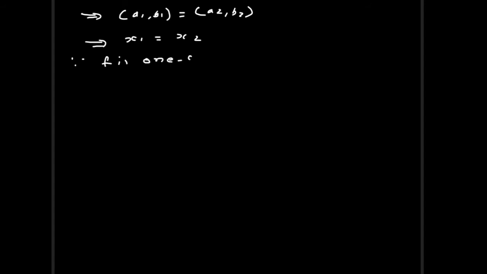This implies (a1, b1) equal to (a2, b2). This implies x1 equal to x2. Therefore, f is a one-one function or injective function.